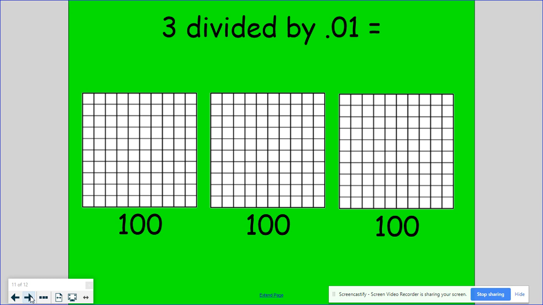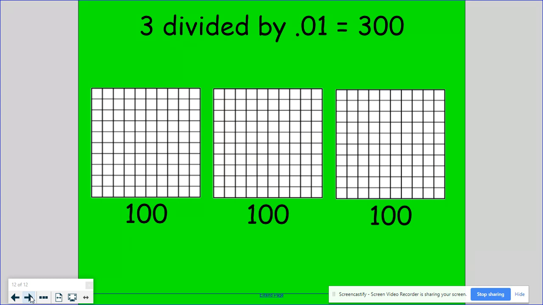So if I took 3 things and I divided them by 1/100th, then my answer would be 300. So 3 divided by 1 is 3. 3 divided by 1/10 is 30. And 3 divided by 1/100th is 300.